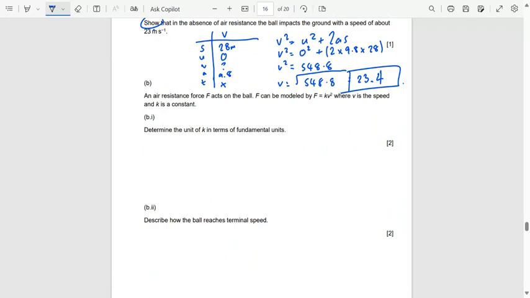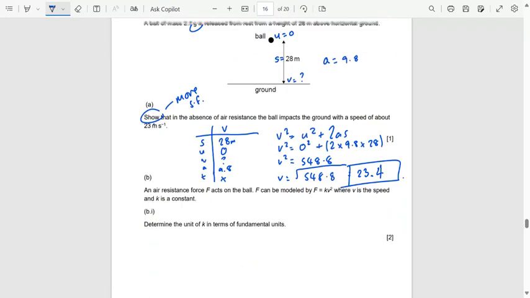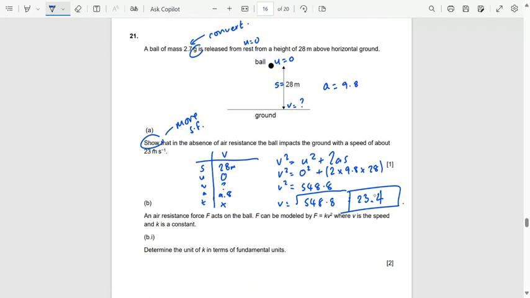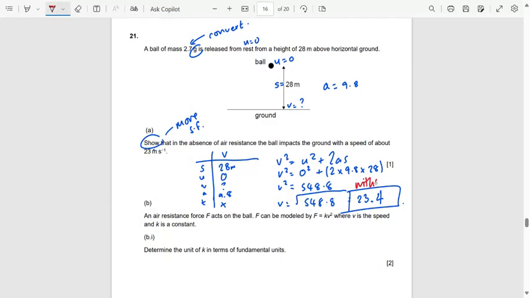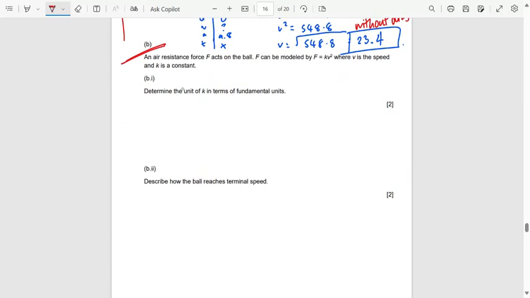An air resistance force F acts on the ball. So now we're introducing air resistance. This 23.4, I'm just going to say without drag. So this question here is no drag. This question, yes, drag.